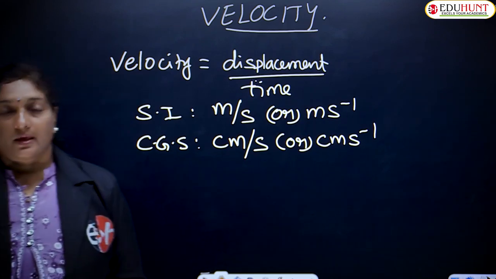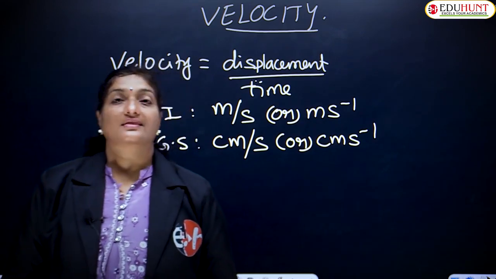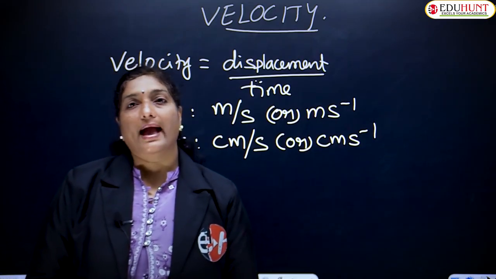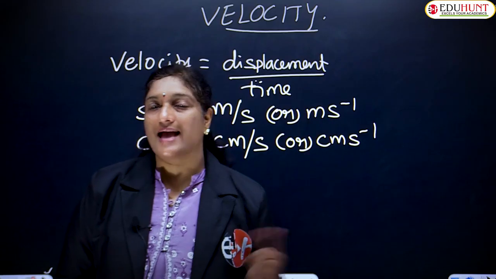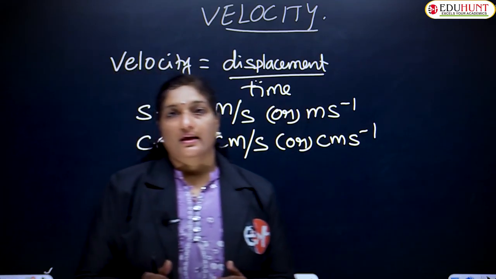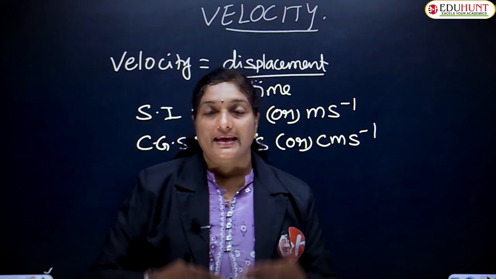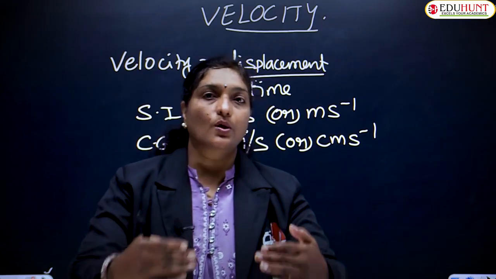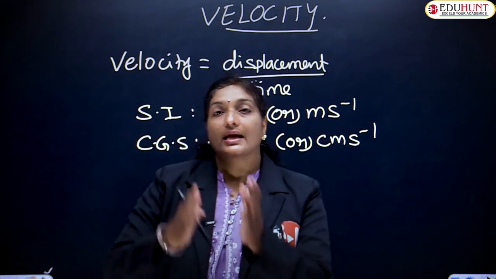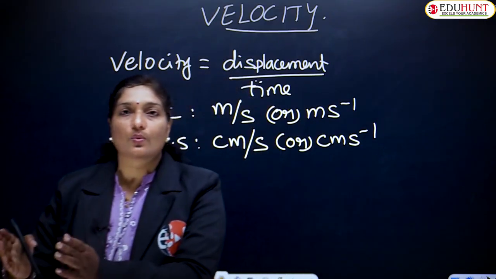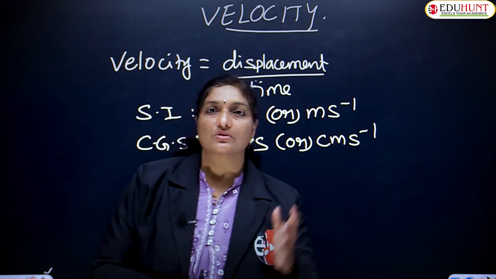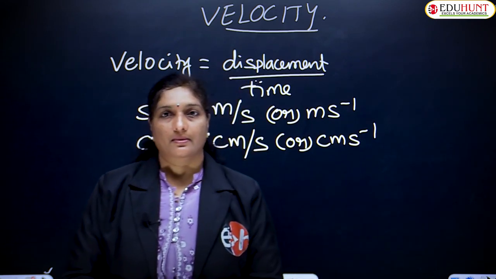Now if you would like to understand the types of velocity, we have uniform velocity as well as non-uniform velocity. Children, when a body covers equal distances in equal intervals of time, then we can say that the body moves with uniform velocity.